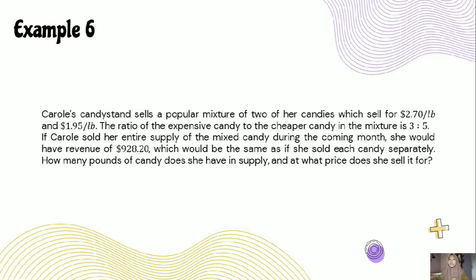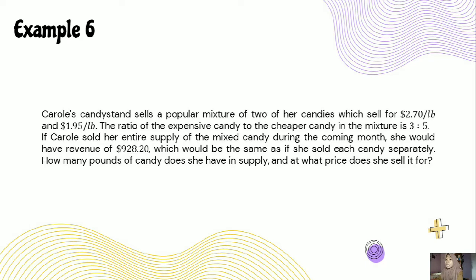And example 6. Carol's Candy Stand sells a popular mixture of two of her candies, which sell for $2.70 per pound and $1.95 per pound. The ratio of the expensive candy to the cheaper candy in the mixture is 3 divided by 5.